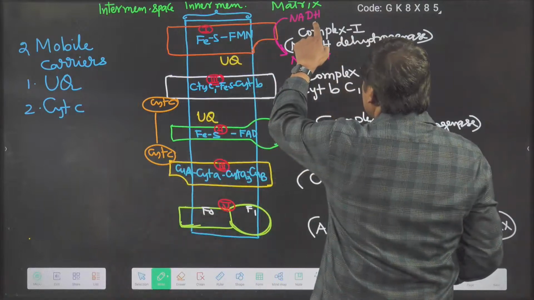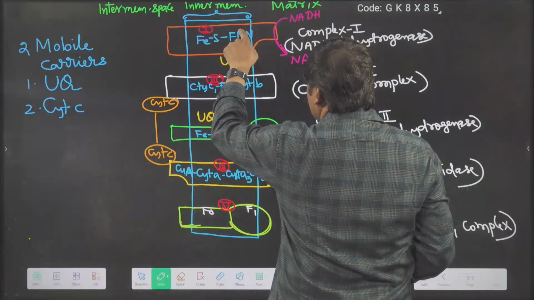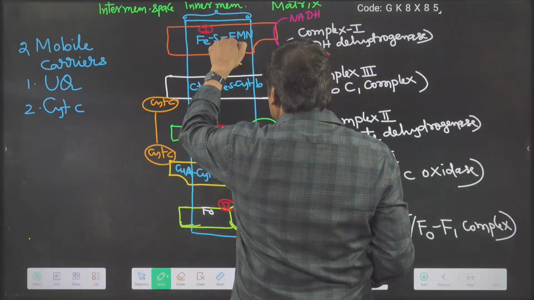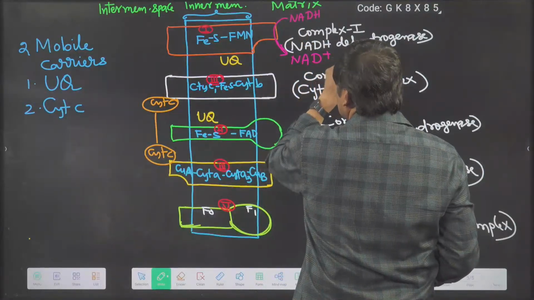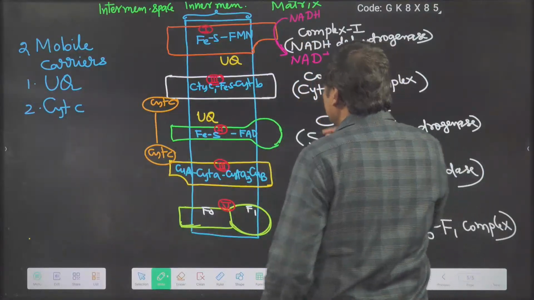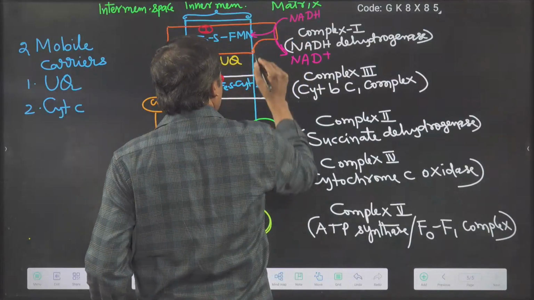So NADH is oxidized in the first complex of ETS so that it becomes NAD plus. As a result, electrons are released.